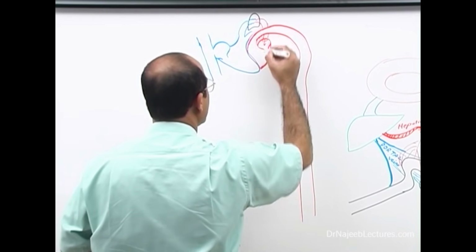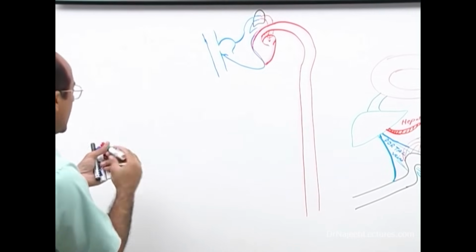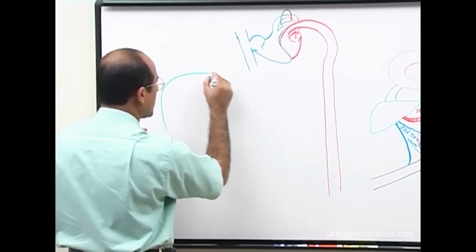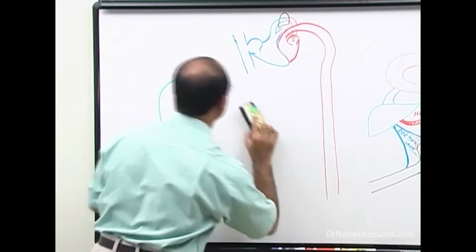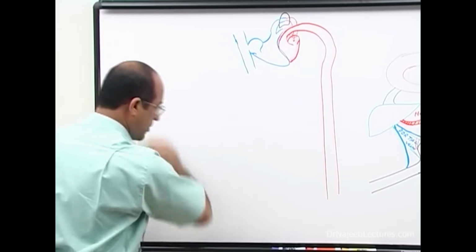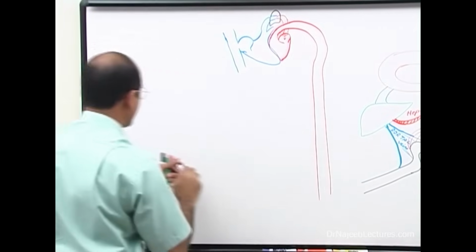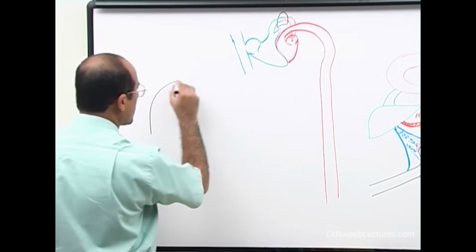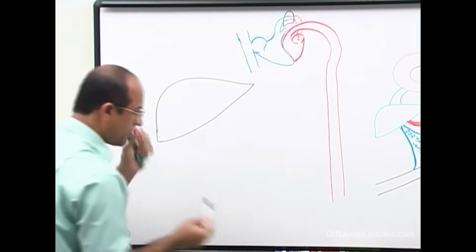Is that right? Now, where is the liver present? In our diagram, we'll put it here. I'll make it a little downward. And the liver is here, right?